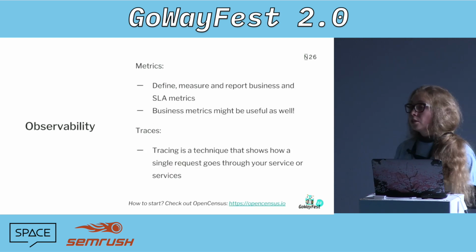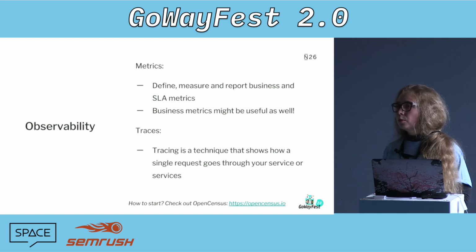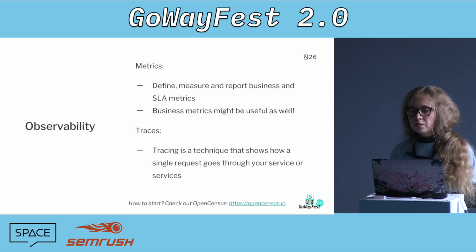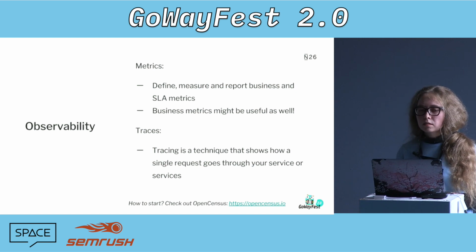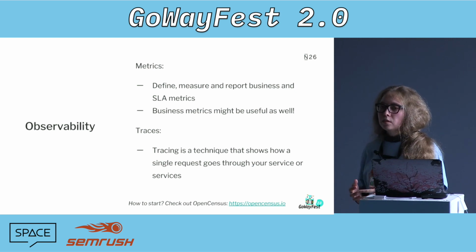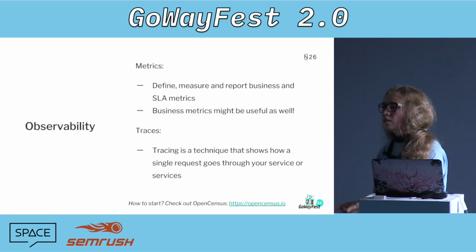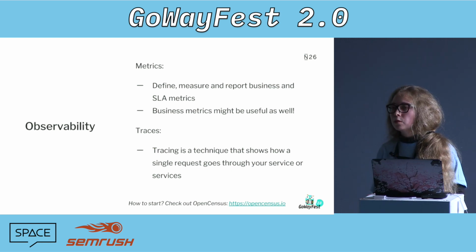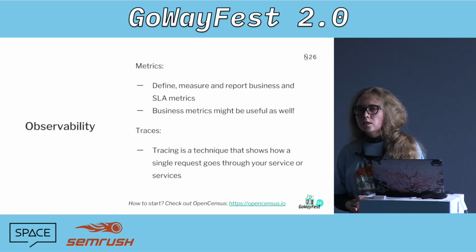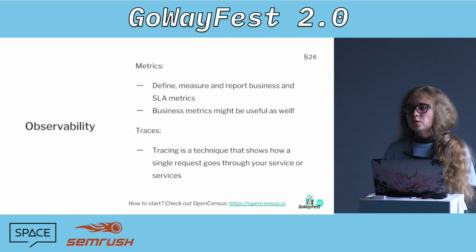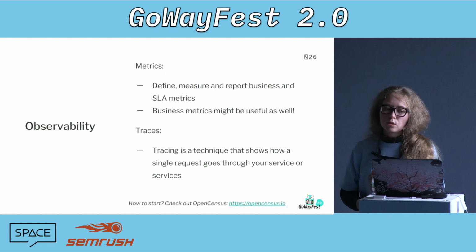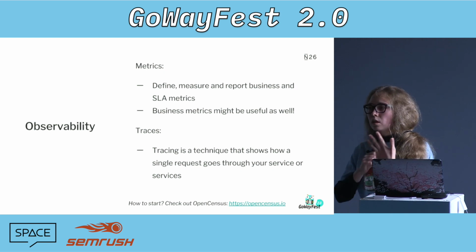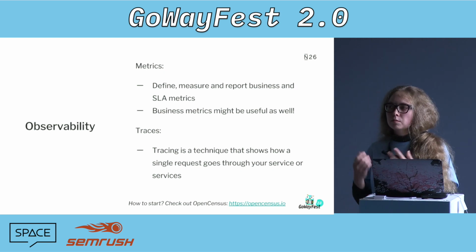OK, what else? Also, you might be interested in metrics and tracers. Metrics might help you to understand if you meet SLA requirements, if you work with SLA requirements properly, and also if you work with your business requirements properly. So there are two ways to define metrics. First of all, you need to think about how fast your application should respond, and something like this.